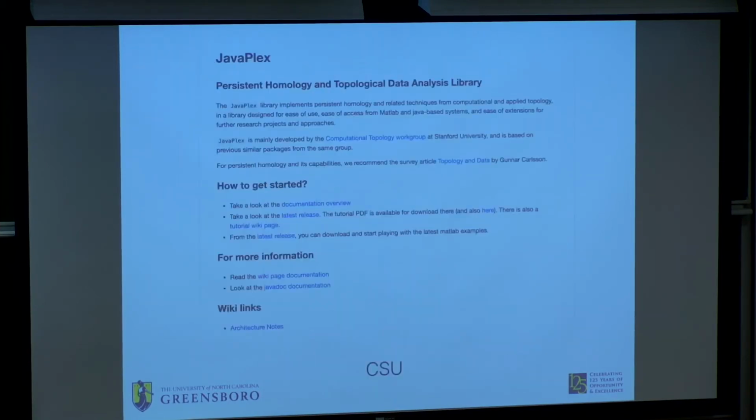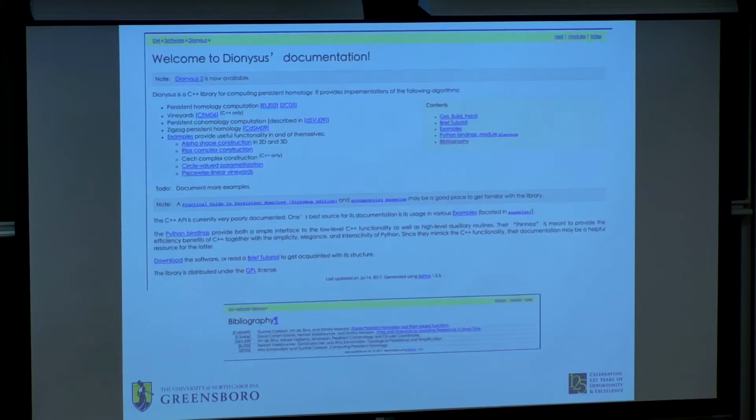The first one is called JavaPlex. This is developed by a group of people at Colorado State University, I believe. As the name suggests, this code is implemented in Java. So if you are familiar with Java, maybe you can use that. And there's another one called Dionysus.